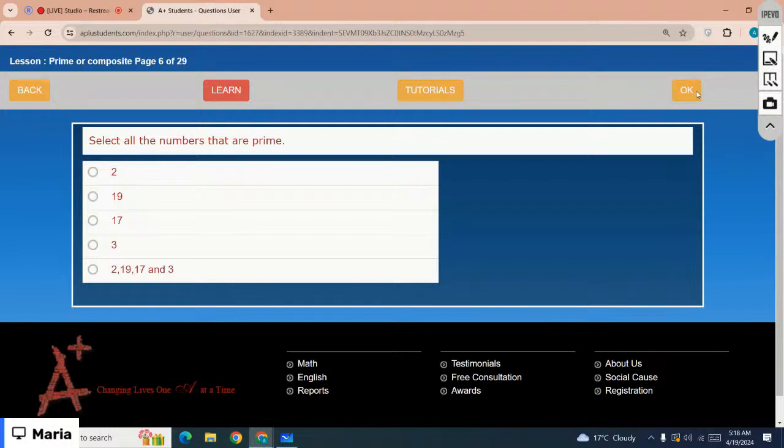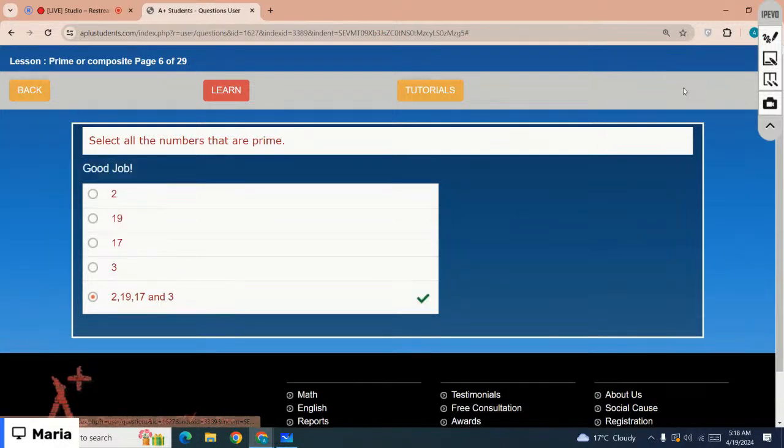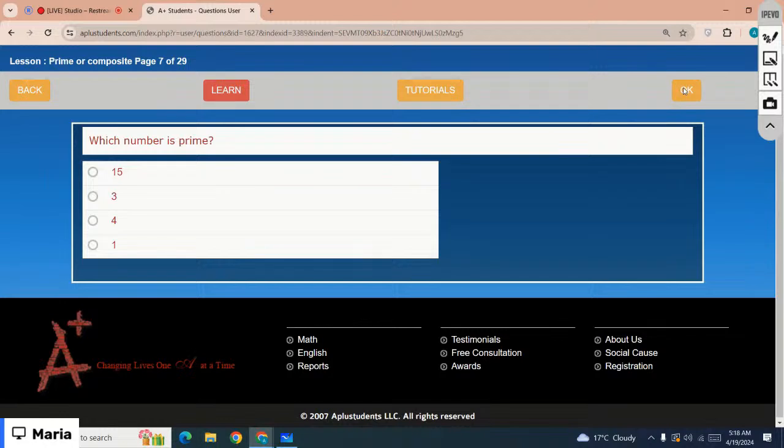The correct option is, yes, 2, 19, 17 and 3. They all are prime numbers actually. Which number is prime?